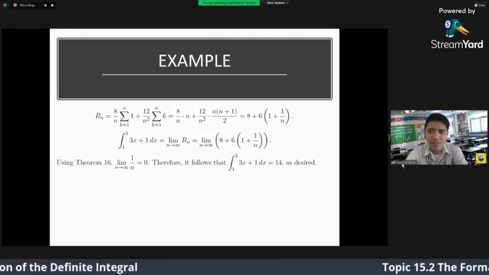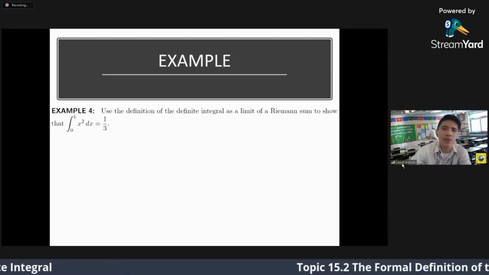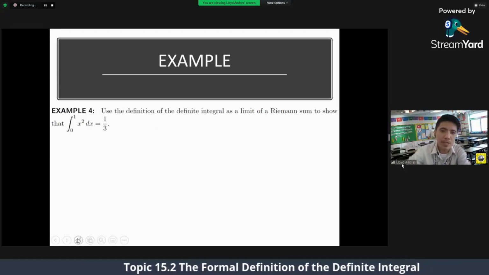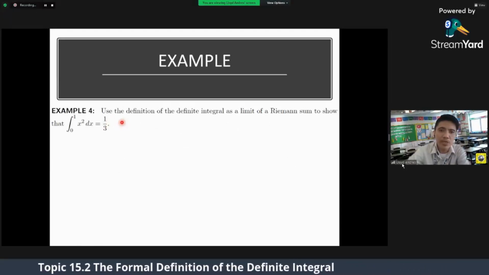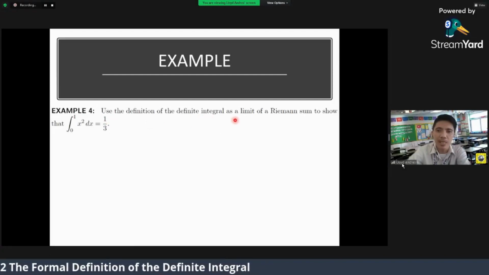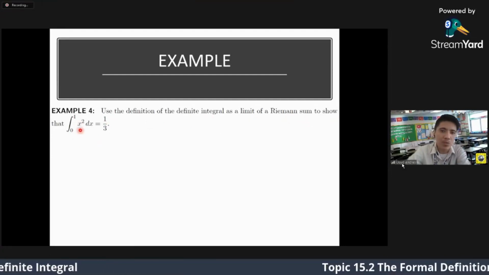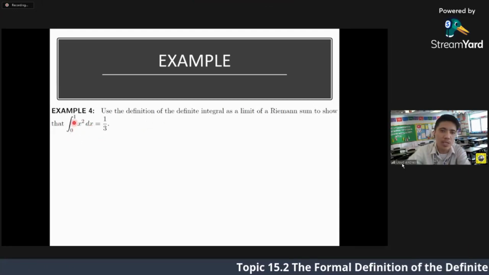So para mas masabtan pa, let's have another example. So another example is use the definition of the definite integral as limit of a Riemann sum to show that the integral of x squared dx from 0 to 1 is equivalent to 1/3.